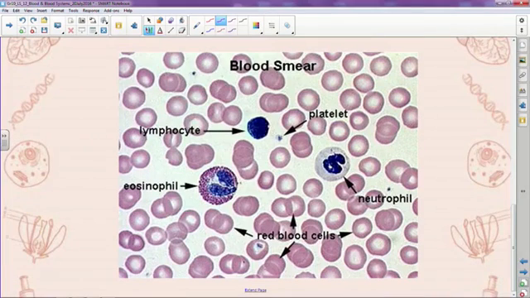You are going to need to have a look to see which are the white blood cells and which are the red blood cells. Those are far easier. And then have a look, there are your platelets. Tiny, small little disc shaped with a very small nucleus.